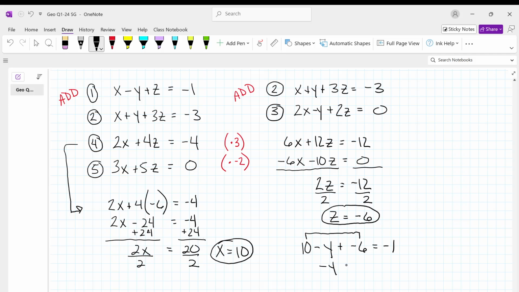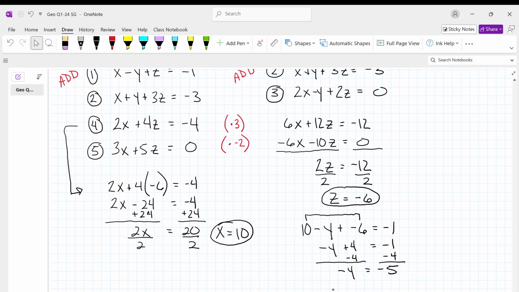So negative y plus 4 equals negative 1. Subtract 4 from each side. And our negative y equals negative 5. And then divide both sides by negative 1. So our y is equal to 5.